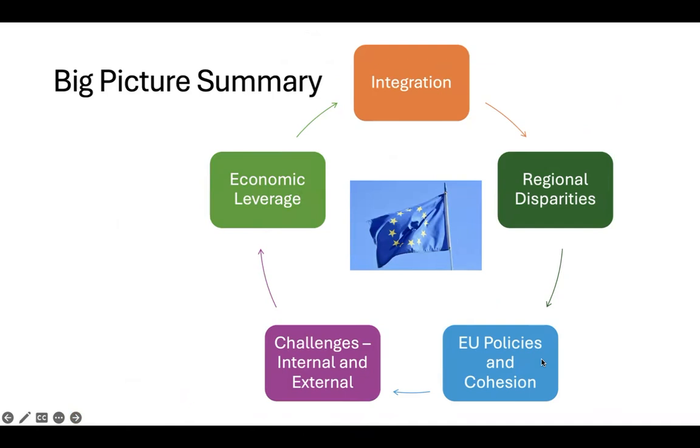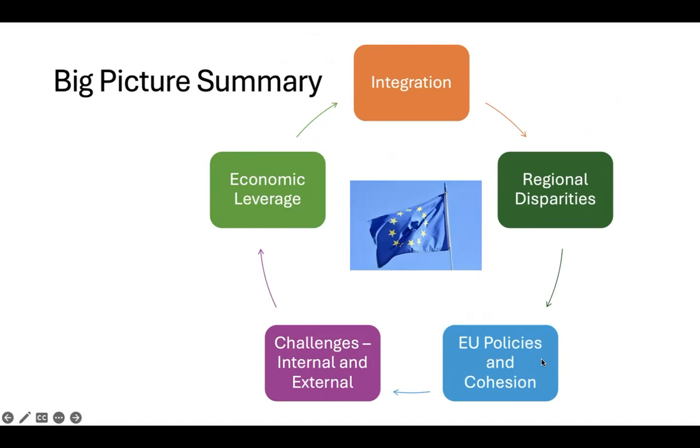So those disparities then generate a political and economic demand for some kind of redistribution and development, which requires obviously that deeper integration to be financed and to be administered. And these policies then, as we move around, can maintain public support for this integrated system. So it becomes interrelated, but they are expensive.